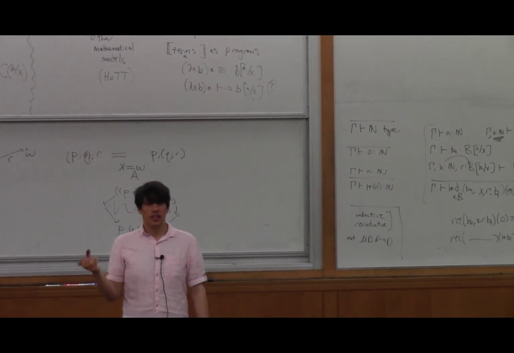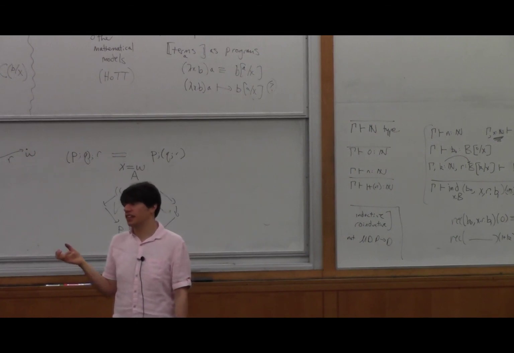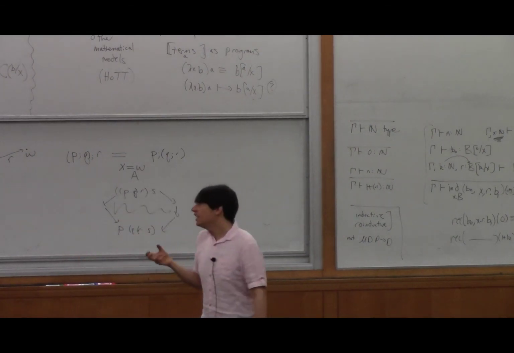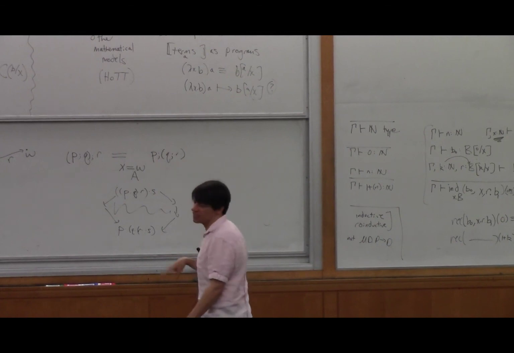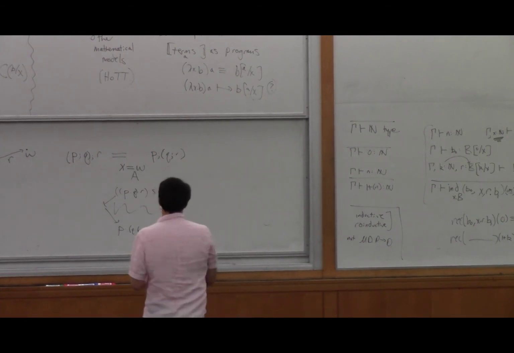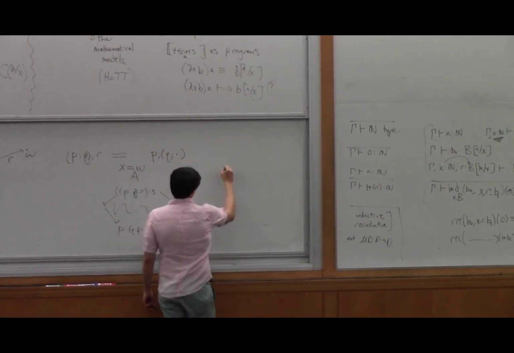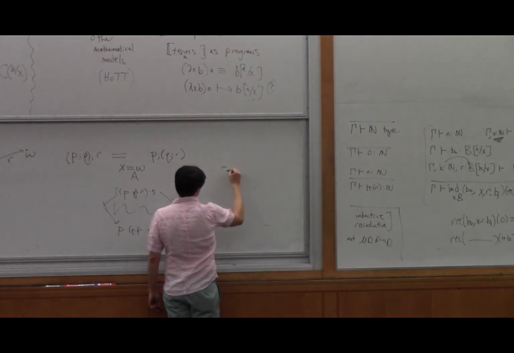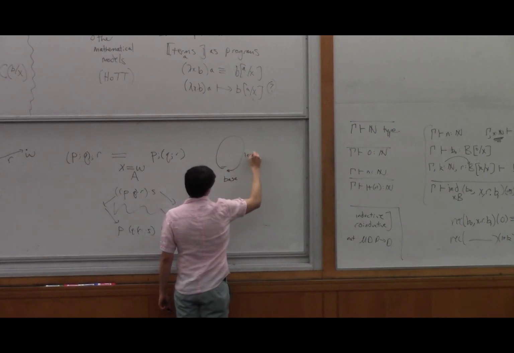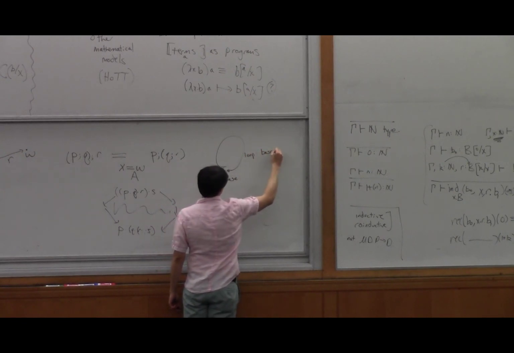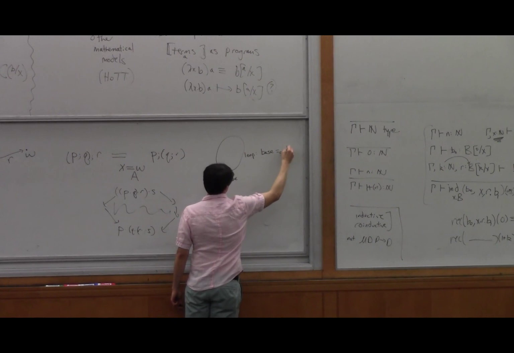And so a lot of the work that I've done and other people have done is using type theory in order to prove statements in these mathematical models. Like, for example, you can define the circle as a type with an element and a loop, where the loop is an element of the identity type in the circle.